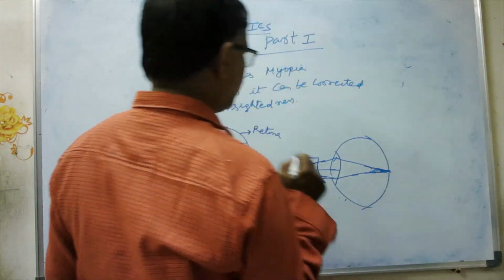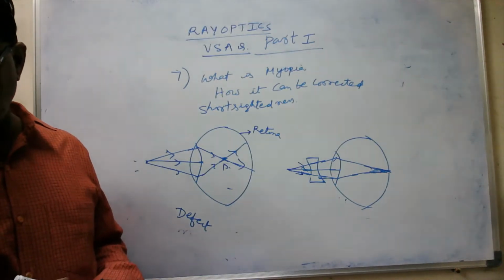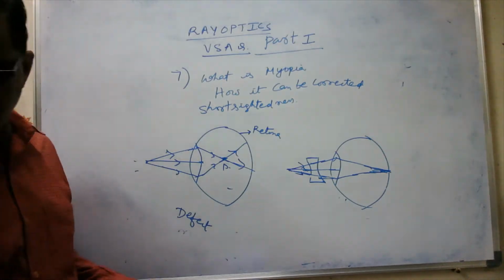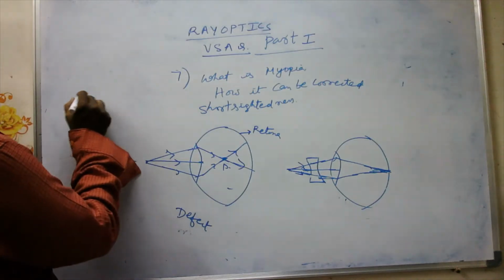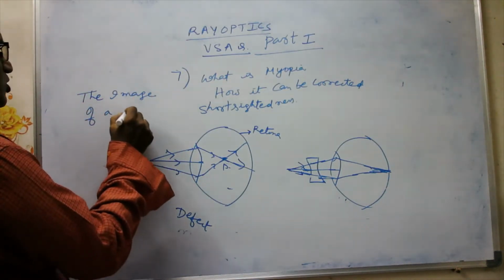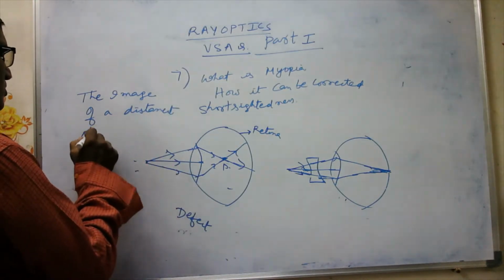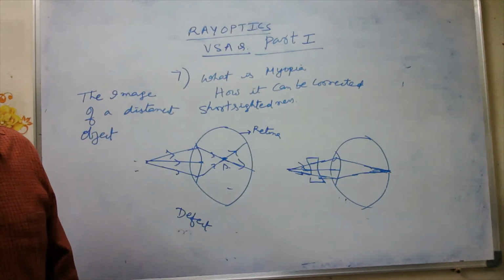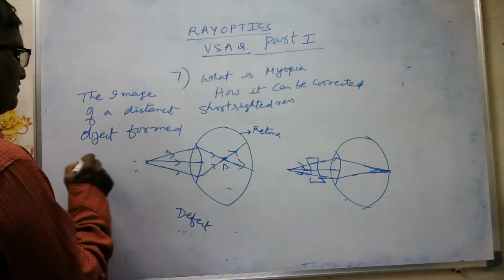by using this type of defect, in the distance-defective eye, the image of a distant object, you can write here, the image of a distant object is formed before the retina, is formed in front of the retina.